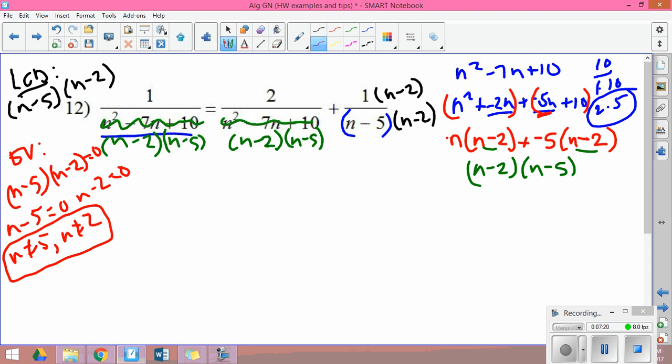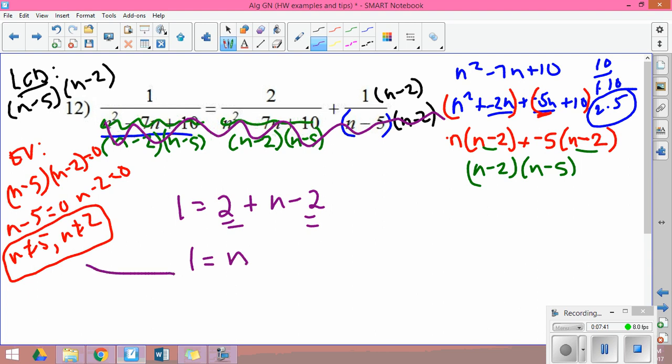Now we're ready. Common denominator built. I can throw it out and I'm left with 1 is equal to 2 plus n minus 2. And when I combine my like terms on this side of the equation, I'm left with 1 is equal to n. Double check, it's not one of my excluded values.